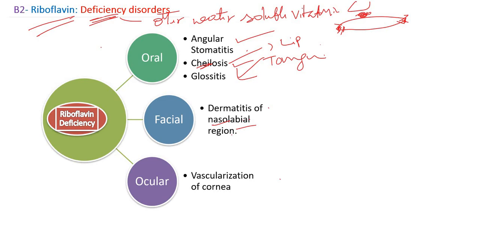The major manifestation is oral, that is inflammation of the angle of the mouth, which we call angular stomatitis, or if there is any fissure we call it cheilosis. Any inflammation of the tongue we call glossitis. There can also be dermatitis, seborrheic dermatitis, and even vascularization of the cornea.